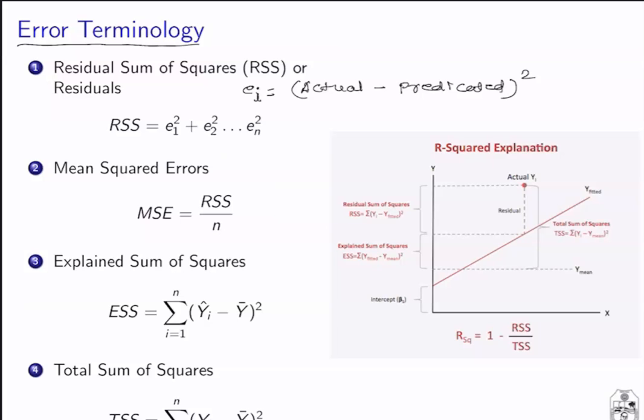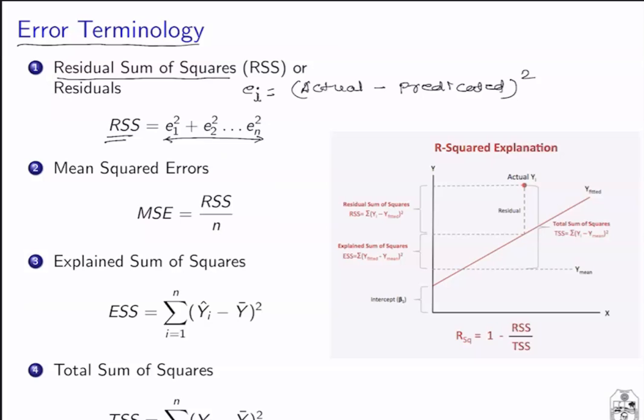Now when we add these individual error terms together, if there are n data observations, then we add the n error terms, and that addition of those n error terms is called the residual sum of squares, or in short the RSS.